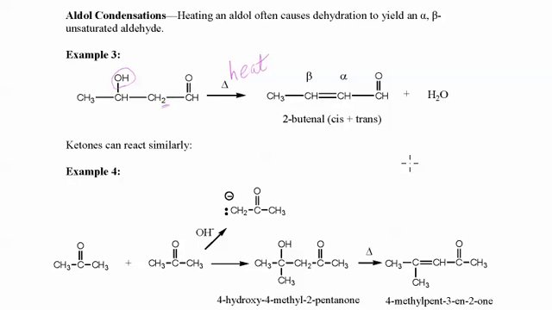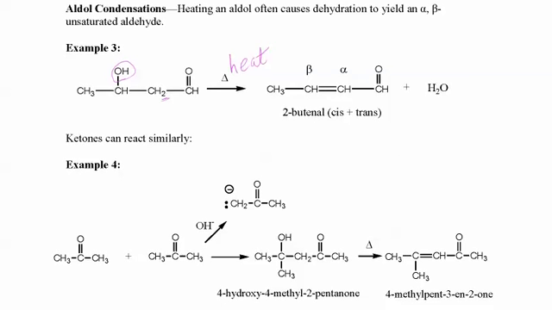We won't worry so much about the relative amounts of cis and trans, but just the fact that we can get an alkene to form from a corresponding aldol reaction, which just shows the versatility of these types of reactions. All right.